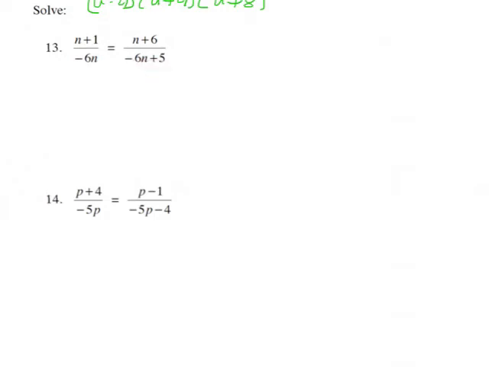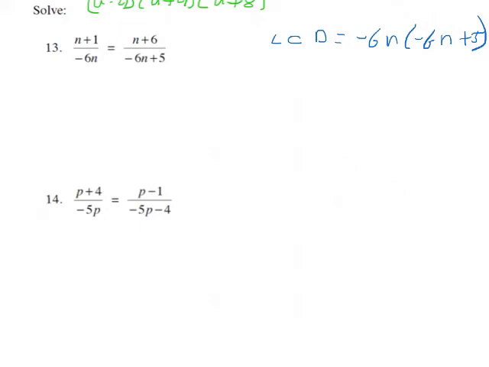So, what we're going to do in this case is my LCM is going to be negative 6n times negative 6n plus 5. Now, remember that LCM becomes my LCD. So I am going to multiply that on both sides. So let's go ahead and do that.